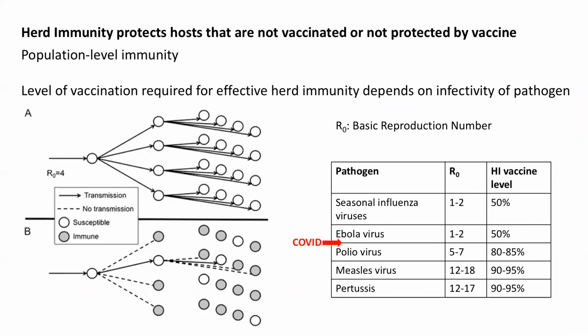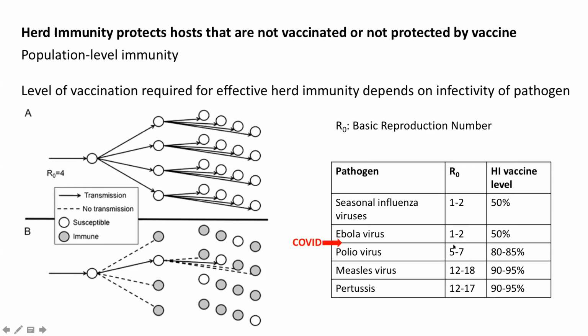And this is based on the mathematicians and modelers who can estimate how much of the population needs to be protected in order to provide herd immunity. I'm not going to go through the details of transmission that are shown on the slide, for the sake of time.